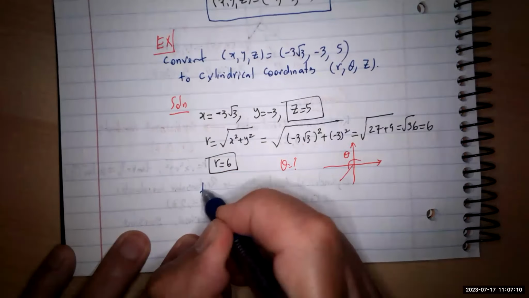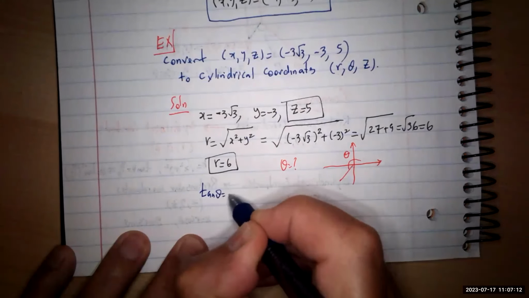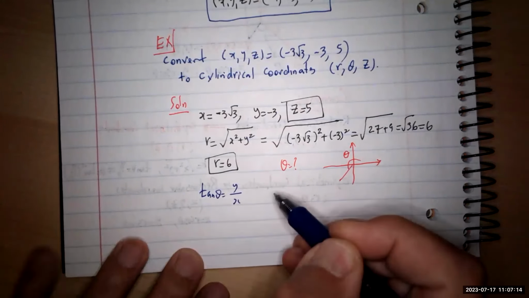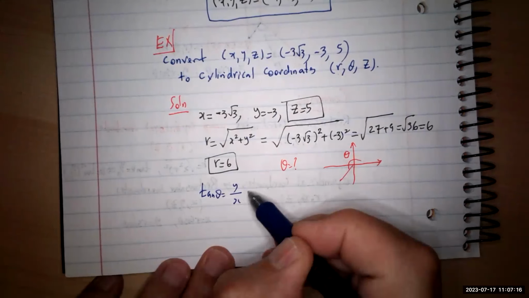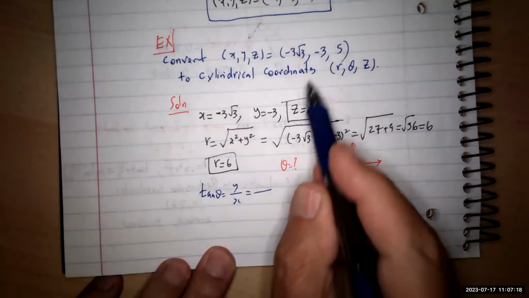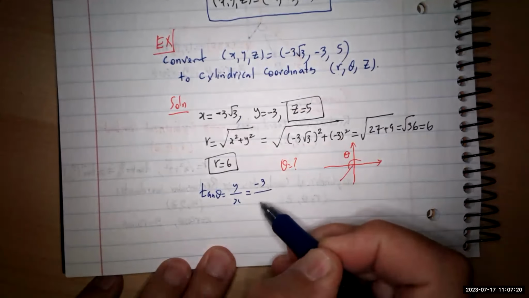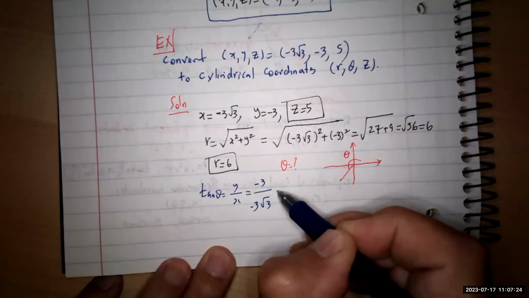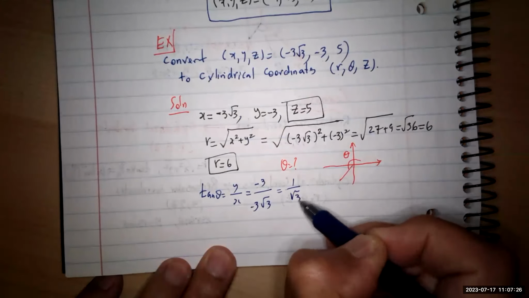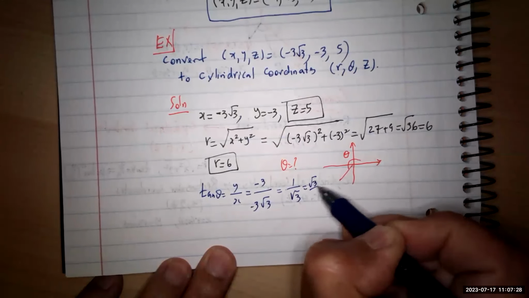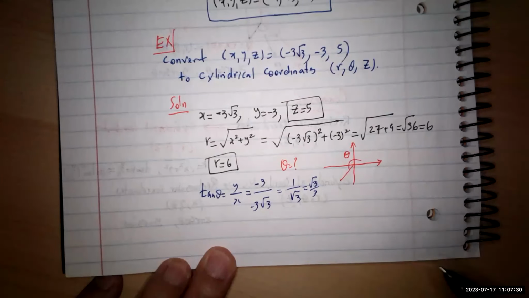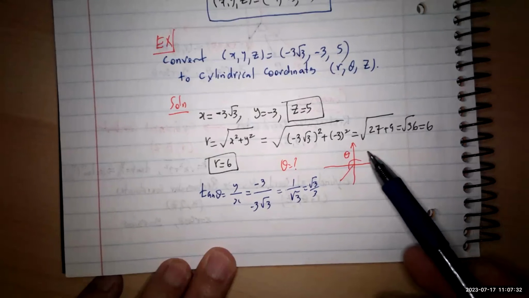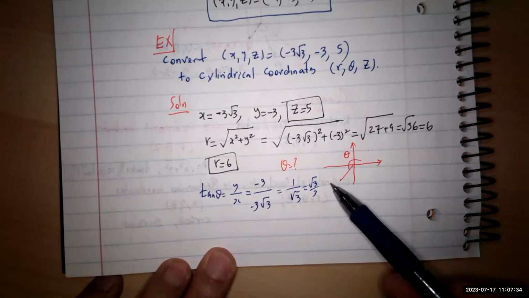So the tangent of theta is going to be y over x. In this case, y is -3 and x is negative radical 3. If you simplify that, it gives 1 over radical 3, which is radical 3 over 3. You know the tangent is positive in the first quadrant and the third one, and you know that you are going to be in the third one.